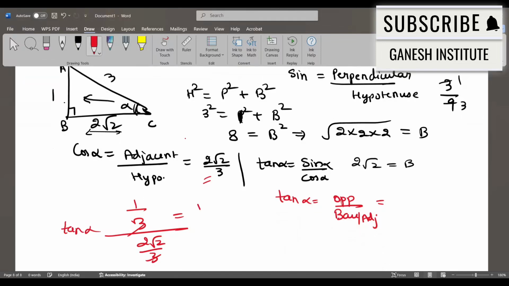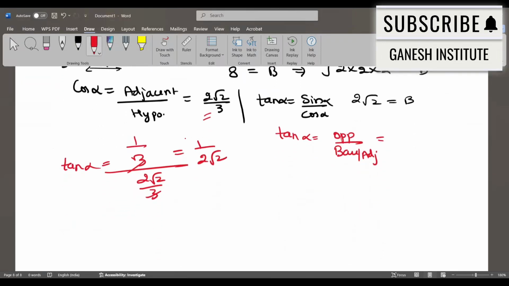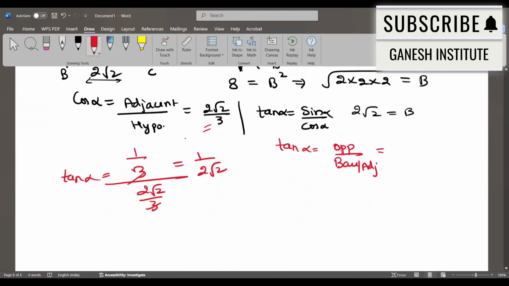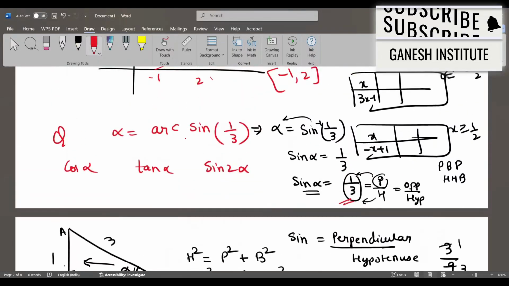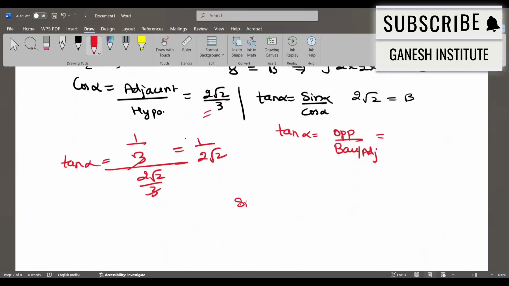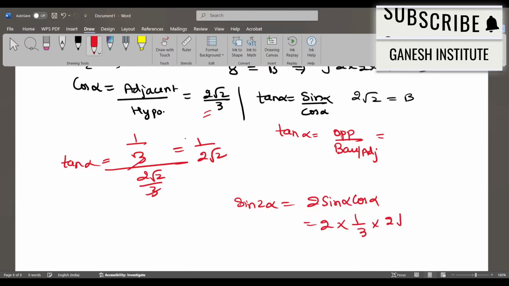So tan becomes 1 by 2 root 2. Is it fine? Yeah. So if tan is this, 1 by 2 root 2, what are we asked? Sine 2 alpha. I know the formula for sine 2 alpha. It is 2 sine alpha cos alpha, right? Yeah. Sine alpha is 1 by 3, cos alpha is this. So 2 times 2 root 2 by 9, that is 4 root 2 by 9. Okay? Yes.